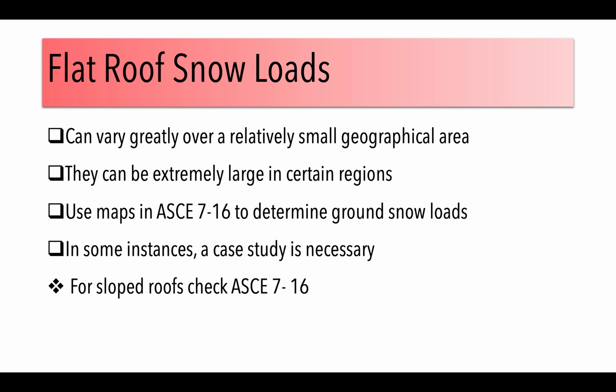And so in America, we use ASCE 7-16, that is currently, of course, it keeps changing, to determine the ground snow loads. And if the area is complicated, then you'll need some case study for your area. Oh, and for those who are interested in calculating these snow loads for a sloped roof, please check ASCE 7.